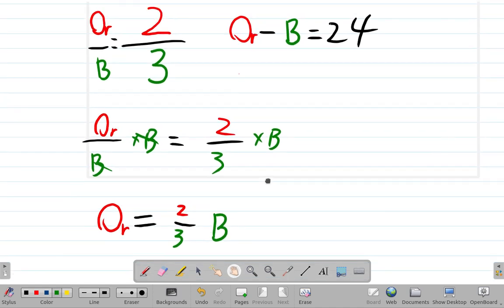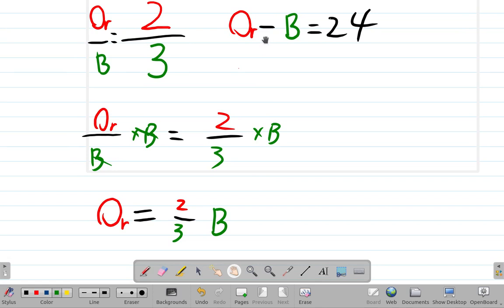But from up here now, if we add oranges to both sides for the other equation, what we're going to say is that orange is equal to 24 plus banana, plus b.